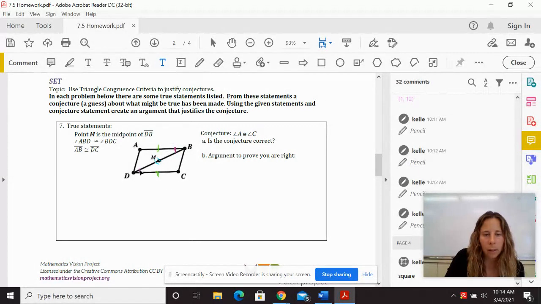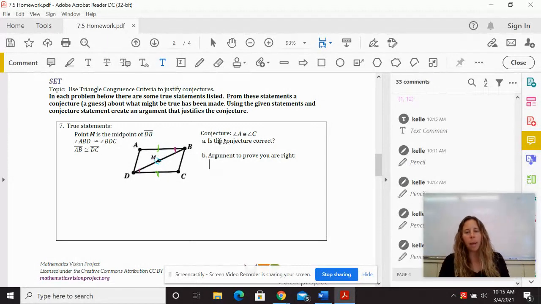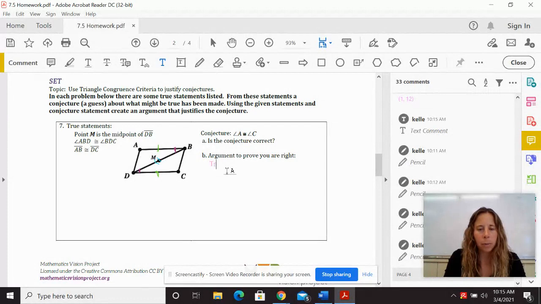Side, angle, side. I'll just draw it real quick.